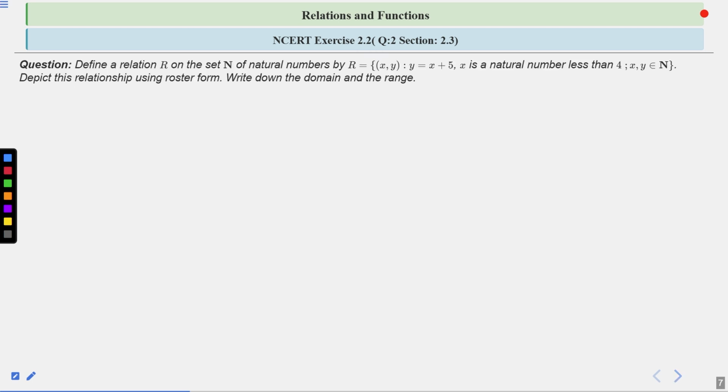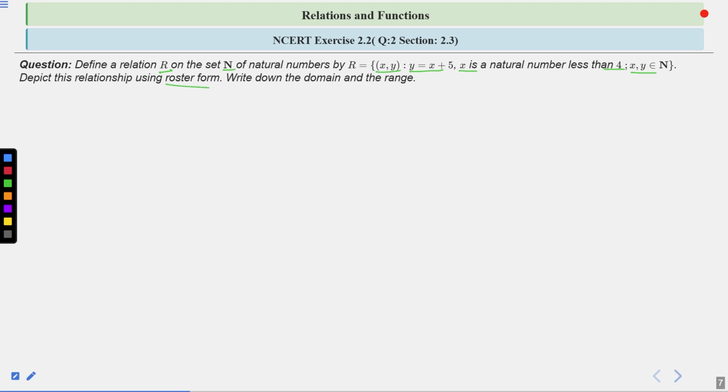So quite simple question. We are already given that your relation R is from natural numbers to natural numbers, and it is described as you have to collect x, y such that y must be of the form x plus 5, where x is a natural number less than 4 and both x, y come from the set of naturals.